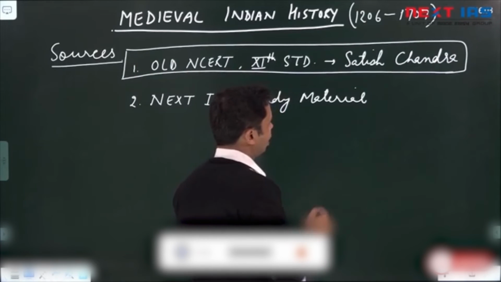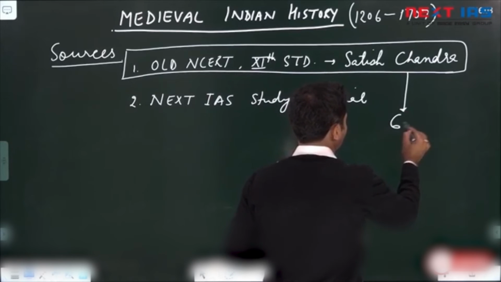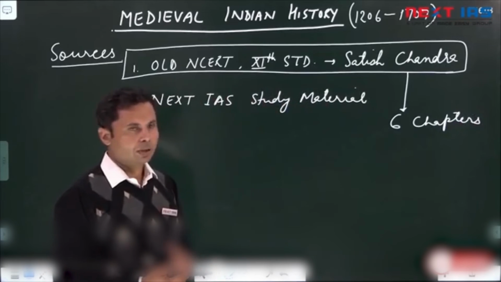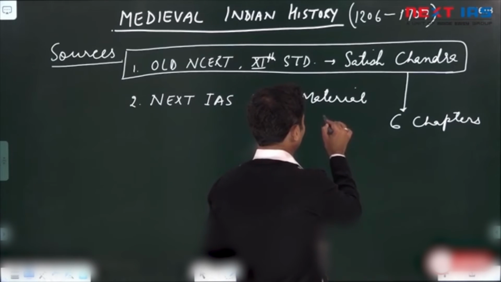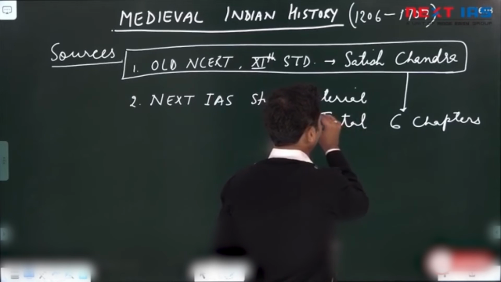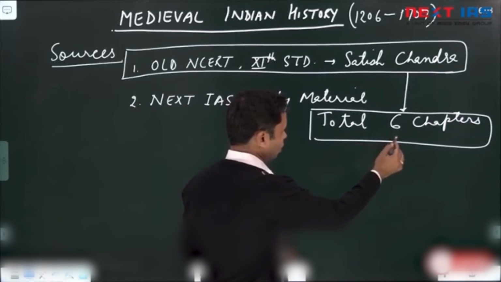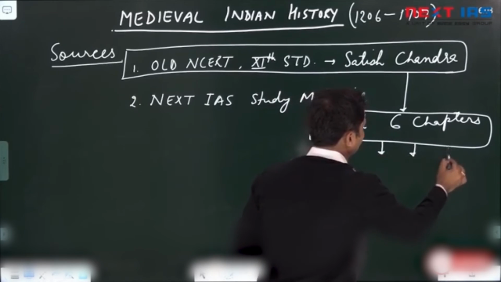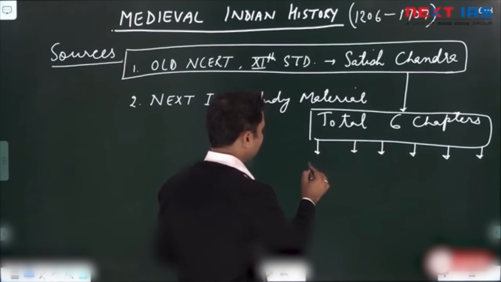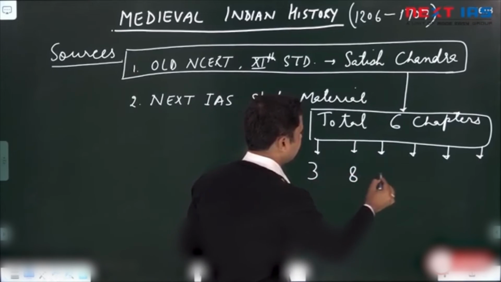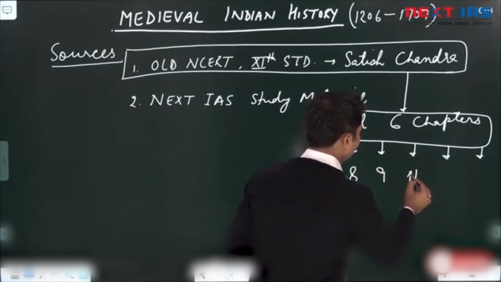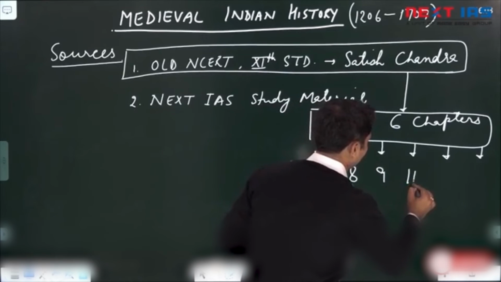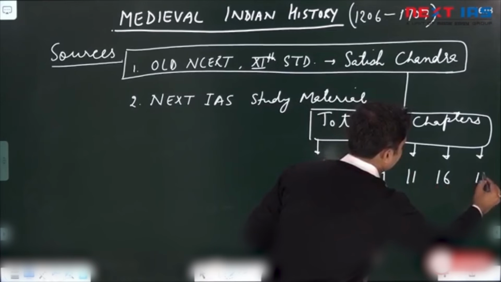So for that matter, I will tell you here the important chapters also which you cannot afford to miss from this book. And here total 6 chapters you have to read multiple times, 5-6 times. Among these 6 chapters, they are chapter number 3, 8, 9, 11, 16 and 17.